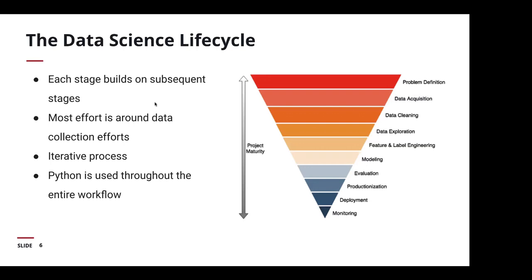So one of the keys to understanding this life cycle is that it's an iterative process and that each stage builds on the subsequent stage. So based on findings that we may get in the data exploration stage, that will inform us how we can actually build out our features, for example. And then as the project moves down this flipped pyramid, the project should theoretically be growing in maturity and getting closest to an actual deliverable that you can release to address the original problem that you initially defined.